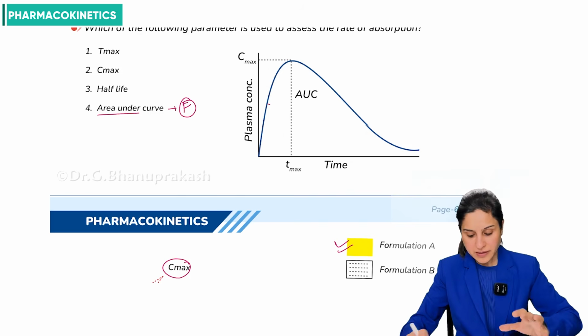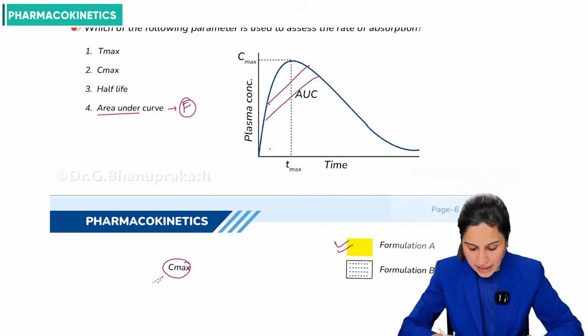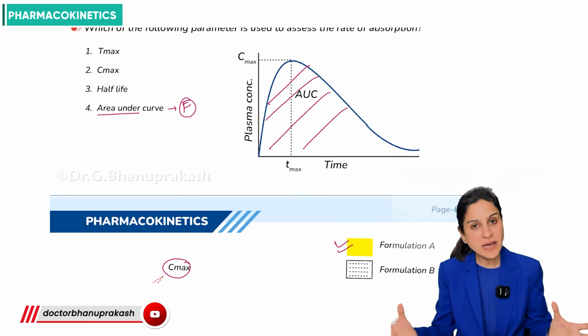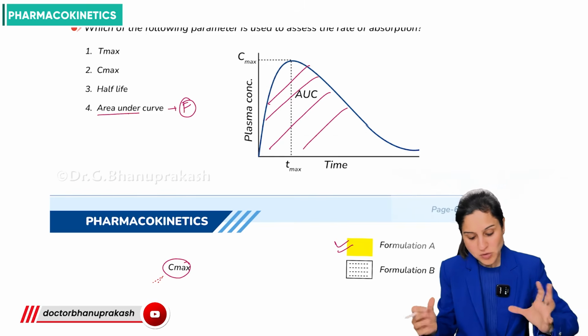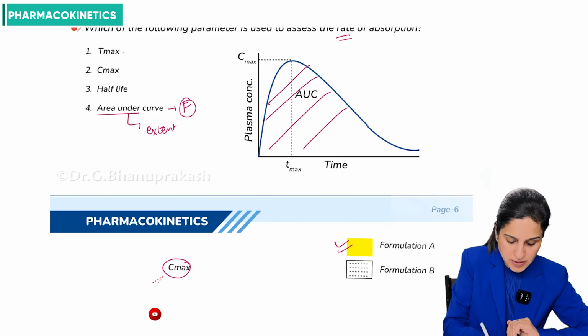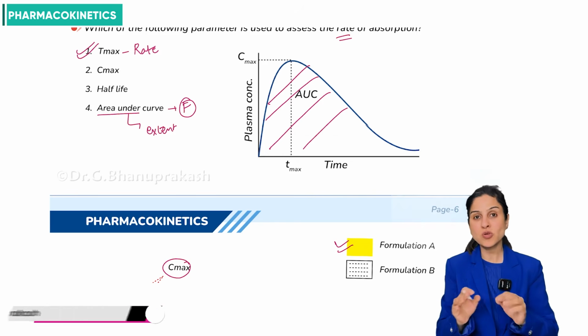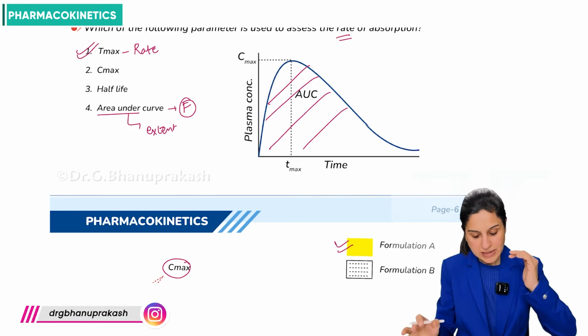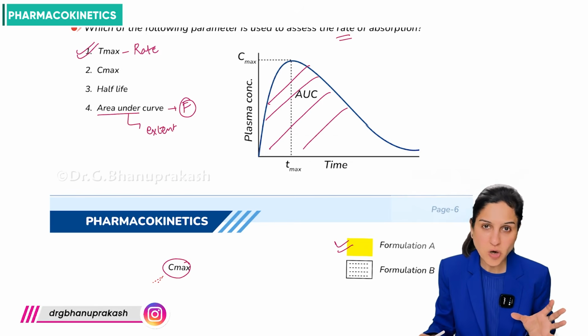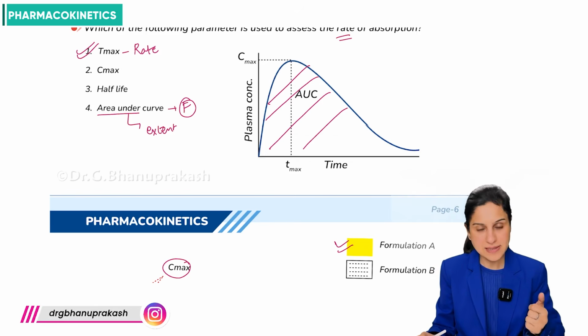And area under curve, this whole area, tells you about the extent, how much drug has been absorbed. So the extent of absorption is determined by the area under curve, while the rate of absorption is determined by the Tmax. It is important to know the difference, because it is asked.